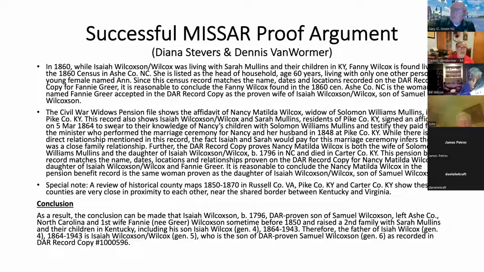And in that record, it mentions Isaiah Wilcox and Sarah Mullins, the second wife, and they signed an affidavit in 1864 swearing their knowledge of Nancy's children with Solomon Mullins, and they testified that they paid for the minister who performed the marriage ceremony for Nancy and Solomon in 1848.